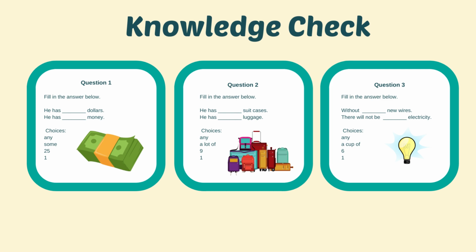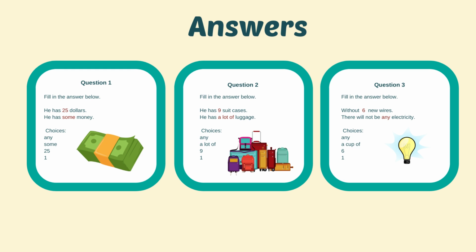Choices: any, a lot of, 9, or 1. Question 3. Without blank new wires, there will not be blank electricity. Choices: any, a cup of, 6, or 1. Let's check the answers.